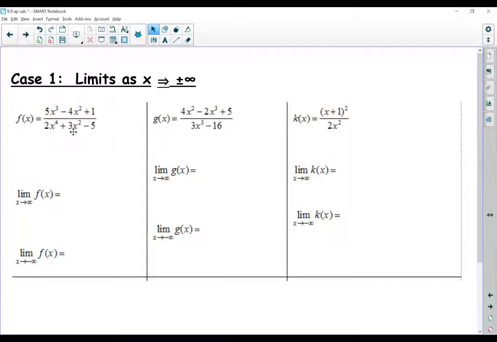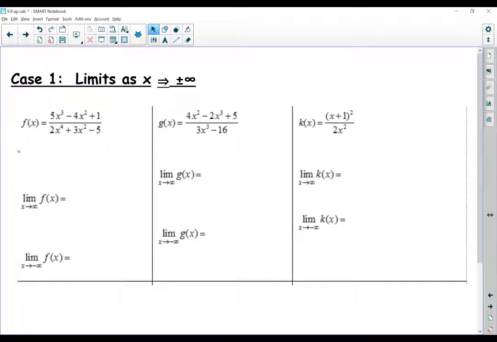Looking at this first function f of x, I'm going to think to myself, what would happen if I plugged in an enormous number? Well, this function is a little complicated, so I would rather figure out a simpler function that could help me determine the end behavior. It's called an end behavior model.